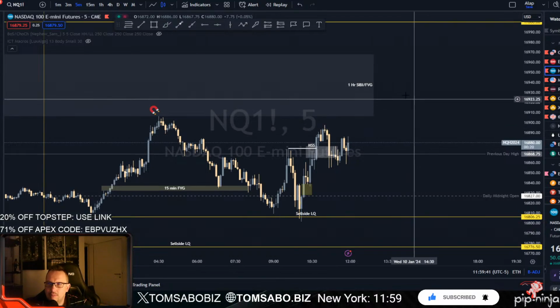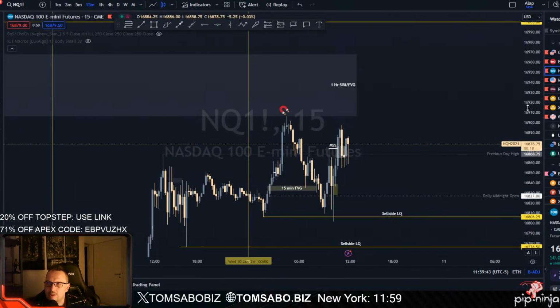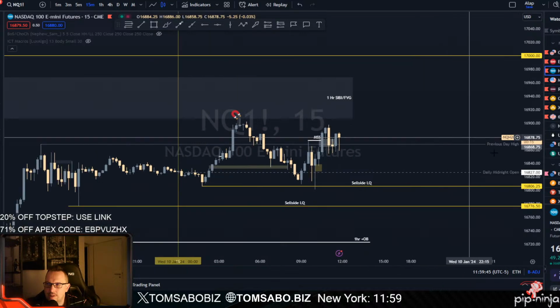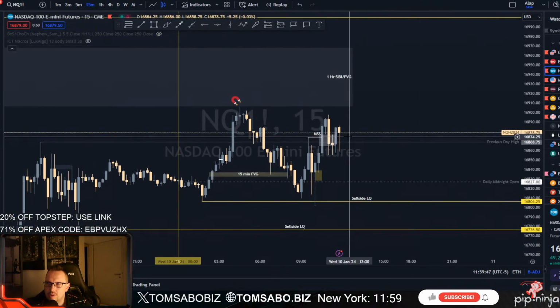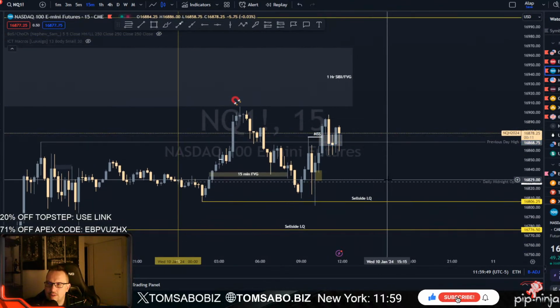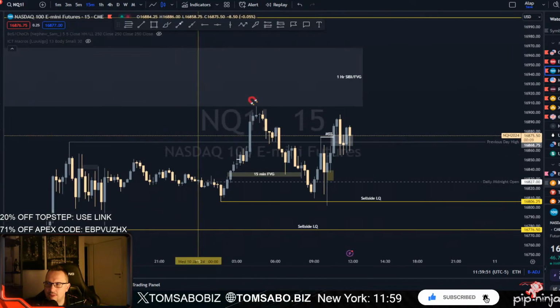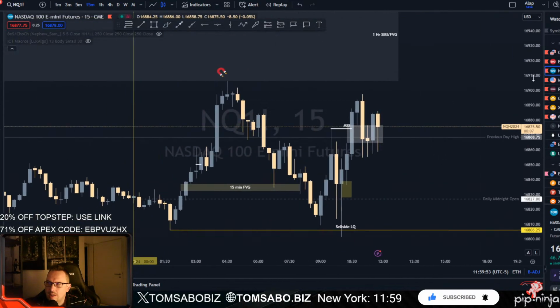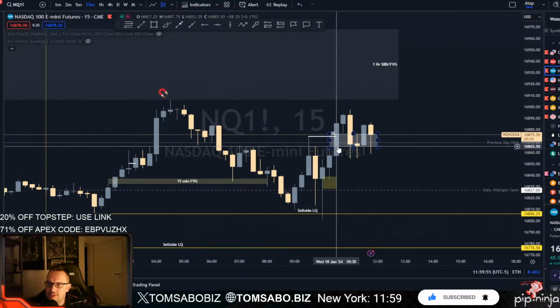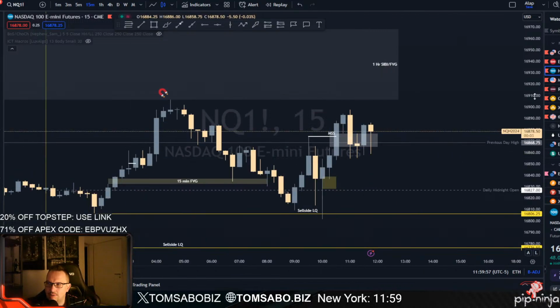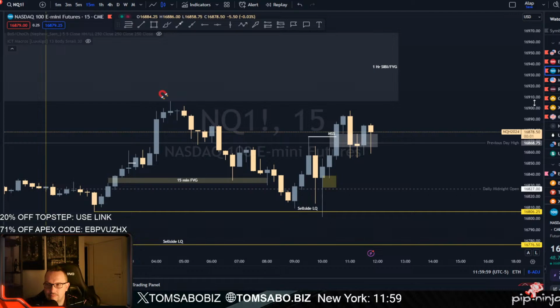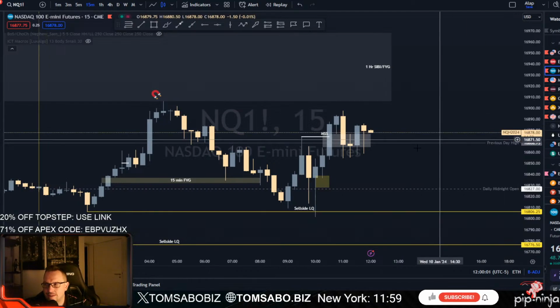But on the 15-minute and the 5-minute, I can tell you it still looks bullish. So this bullish breaker so far, as you can see the fair value gap, it's still holding. So anyone can say what you want, but this fair value gap here on the 15-minute, it's holding. It's holding nicely.